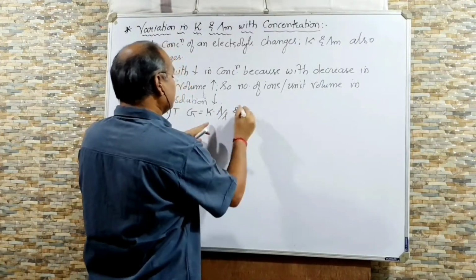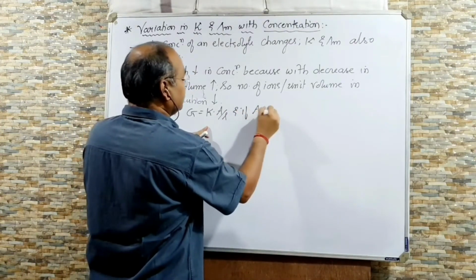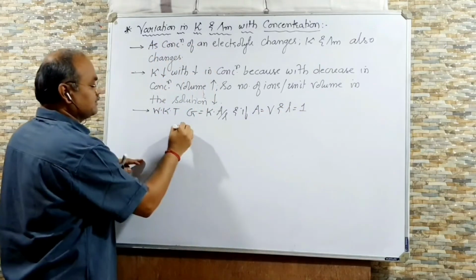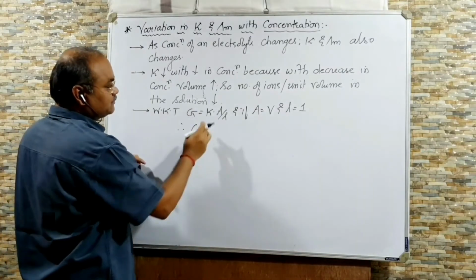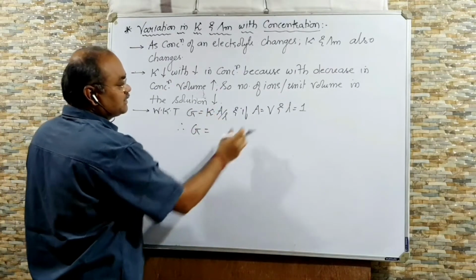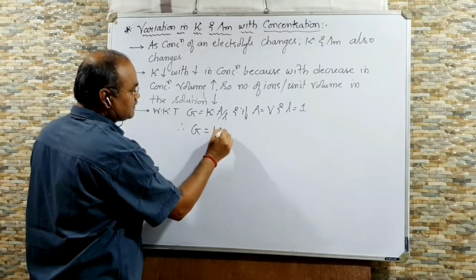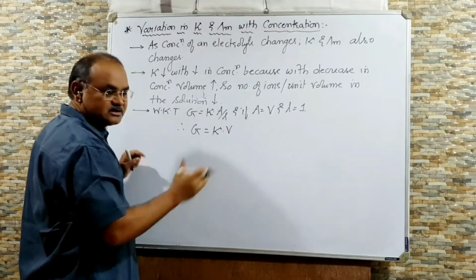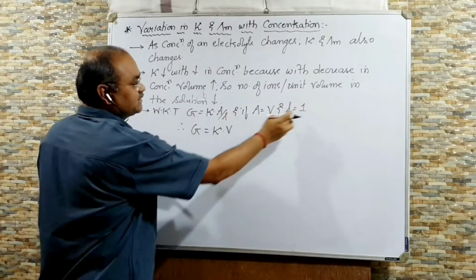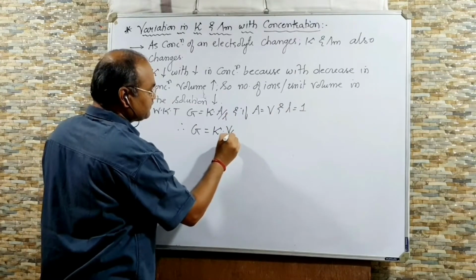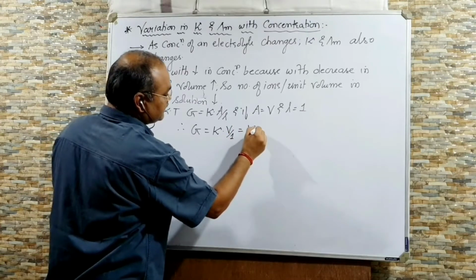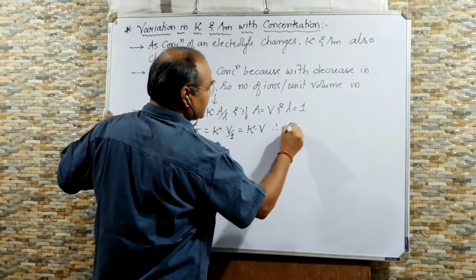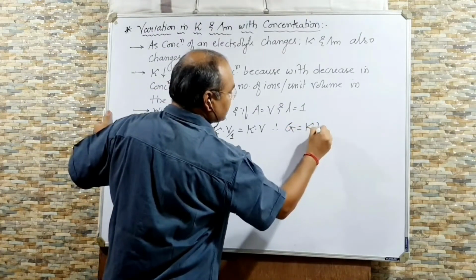And if A is equal to volume and length is equal to 1, then G will be equal to kappa into A by L. A is the volume of the solution, and the length is 1. So it is equal to kappa into V. Therefore I can write G is equal to kappa into V.